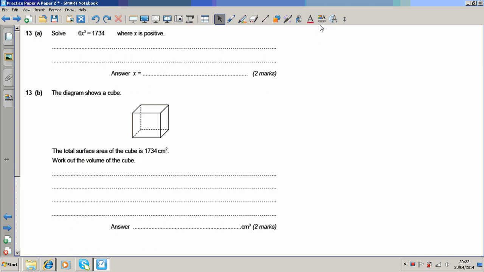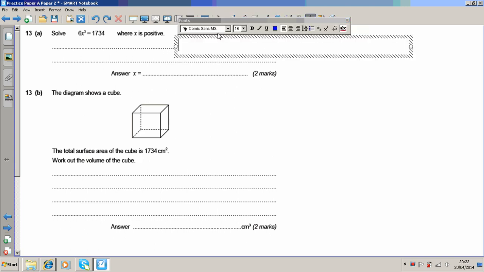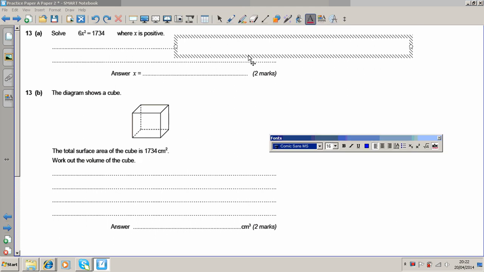13. Solve 6x squared equals 1734, where x is positive. Okay, so first job. x squared is equal to 1734 divided by 6.